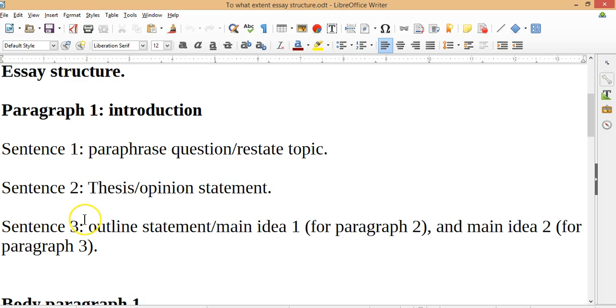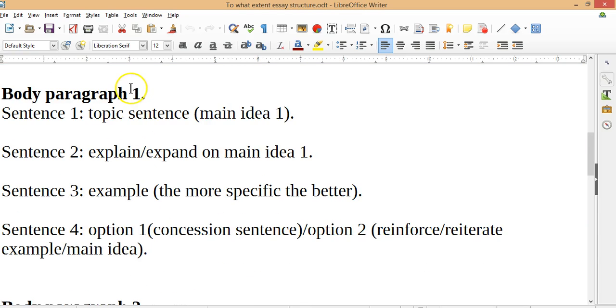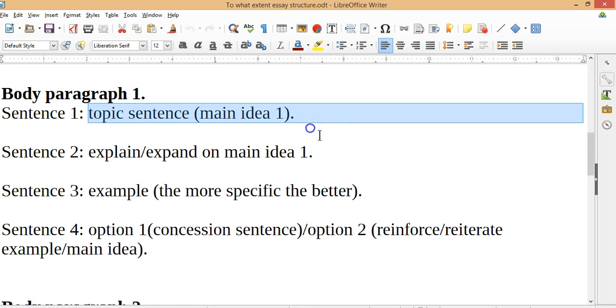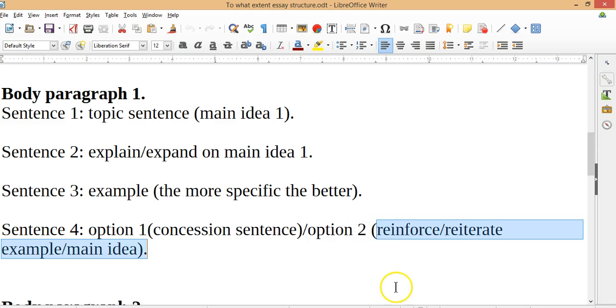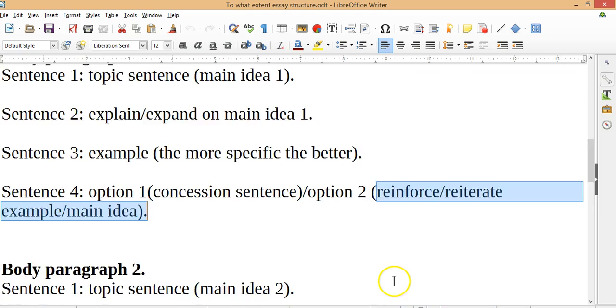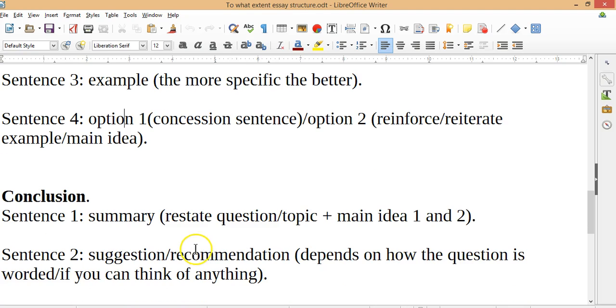Clearly expressed opinion, outline. What are you going to say? Your paragraph 2, 3, your topic sentence, explain it, a specific example, then the concession or reinforce, reiterate or show the consequence of your main idea. The same 1, 2, 3, 4 at the end.